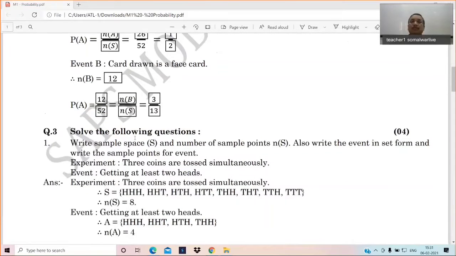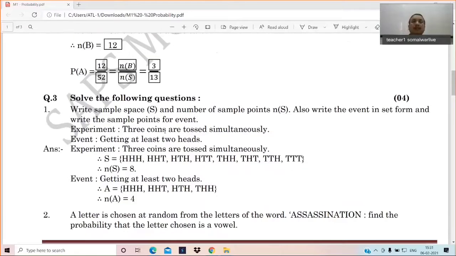Now coming to question number 3, solve the following questions, 2 marks each. So first is write sample space S and number of sample points n of S. Also write the event in set form and write the sample points for the event. Means everything you have to write.